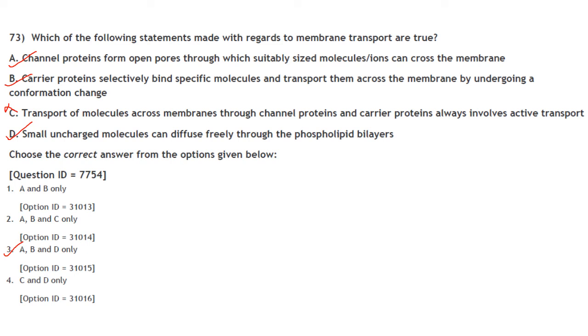Yes. Transport of molecules across the membrane through channel proteins and carrier proteins always involves active transport. So carrier proteins need ATP to change conformation, whereas channel proteins are not used in active transport because substances can move only through them along a concentration gradient.